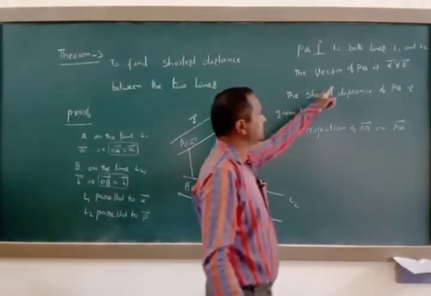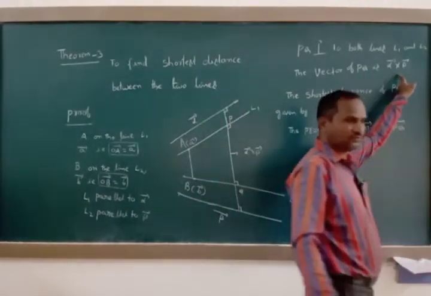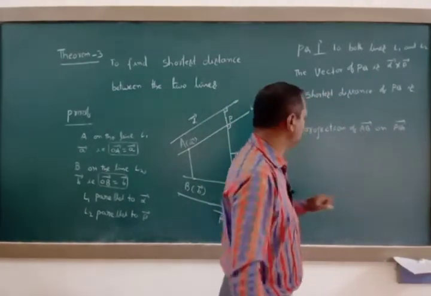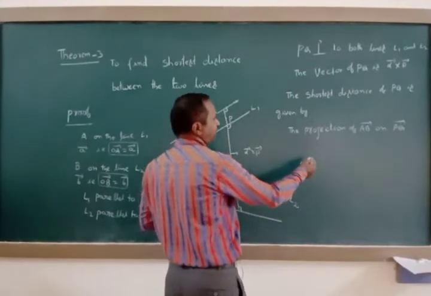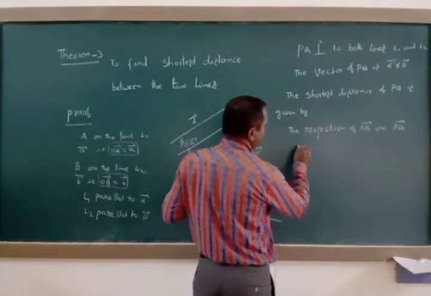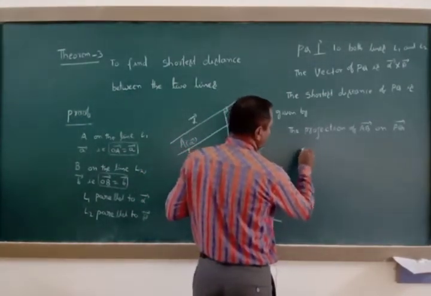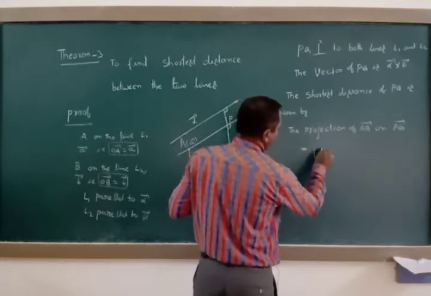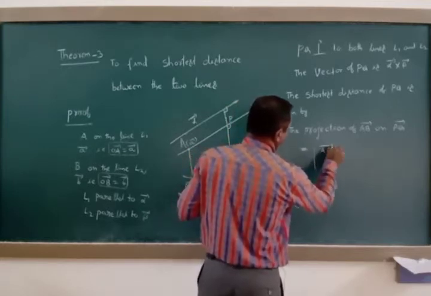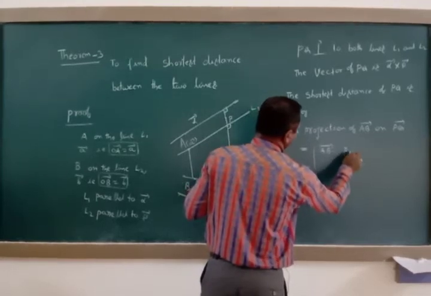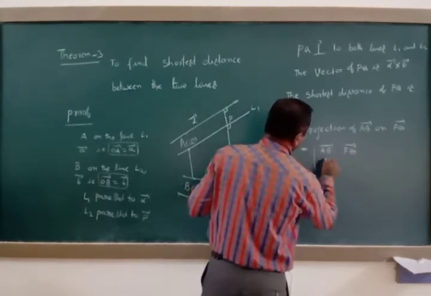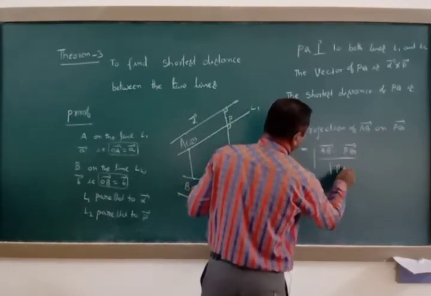What is the PQ vector we considered? Alpha vector cross beta vector. That's why the projection of AB vector on PQ can be written as modulus of AB vector dot PQ vector whole divided by magnitude of PQ vector.